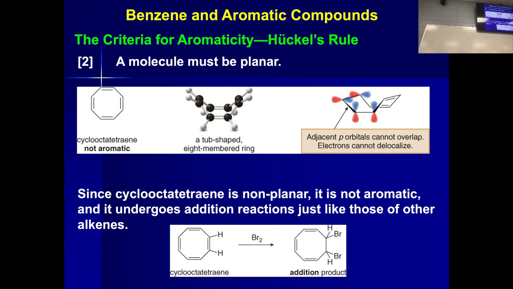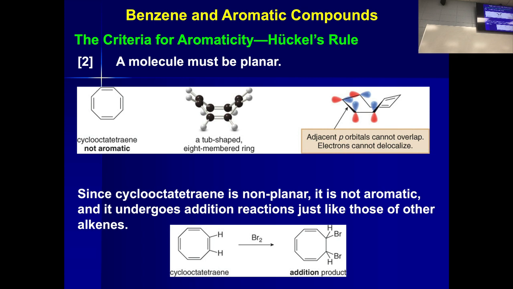They drew it flat, but when I build a model of it, notice what happens when I put 2 more carbons in here. Notice what happens when I try to lay it flat. There's a lot of strain in there, isn't there? You can see the bonds bowing. It wants to be like that.